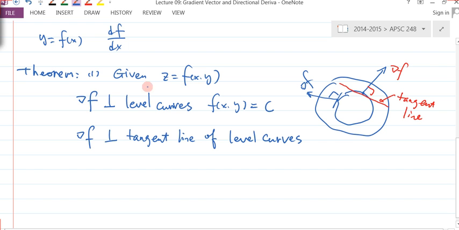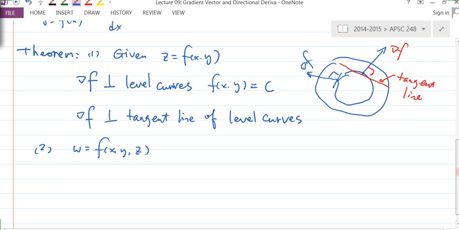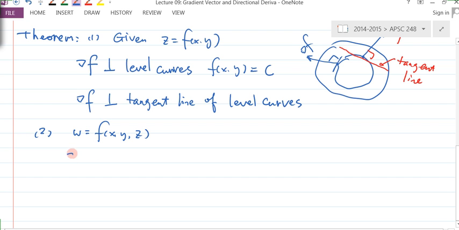That's for a function of two variables. If it's a function of three variables, we cannot sketch that in 3D, but remember for a function of three variables, we can also visualize it using the so-called level surface.